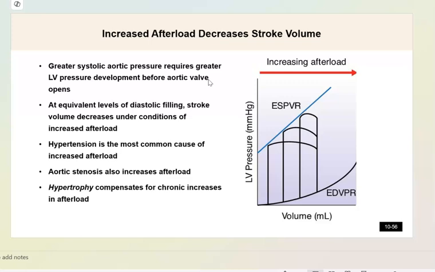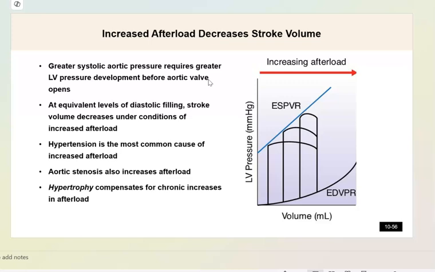That is a lot of words, a lot of things to say there, but I want to really think through that again, because this becomes really important when we're treating heart failure. Because if the afterload is high, then our stroke volume decreases.